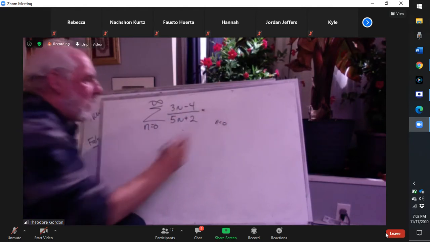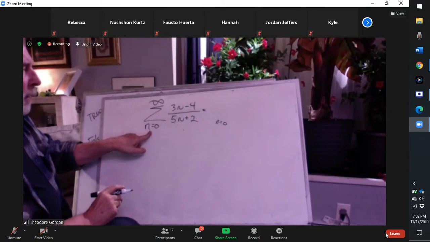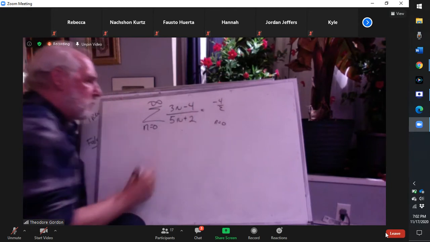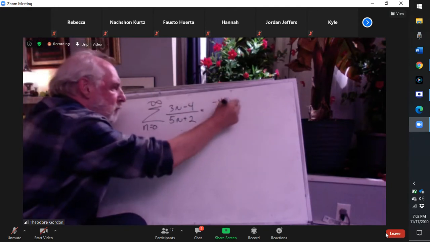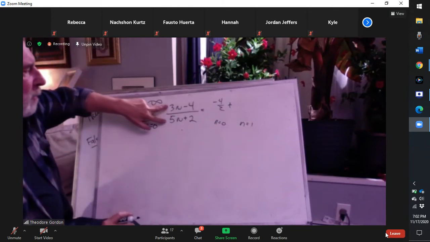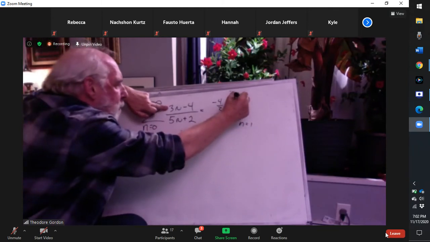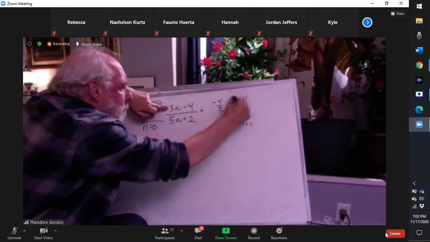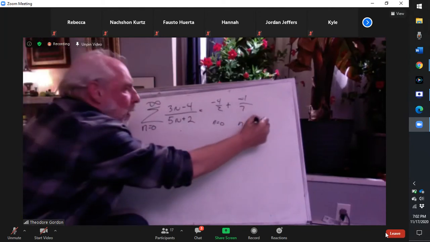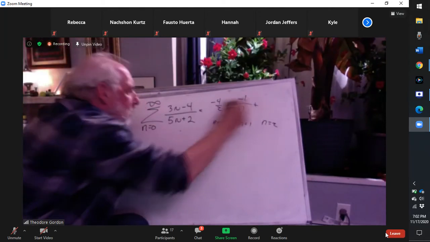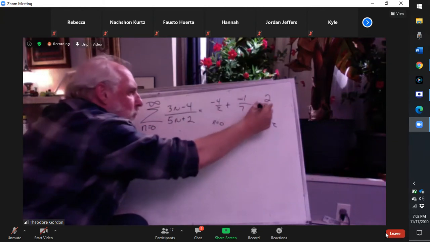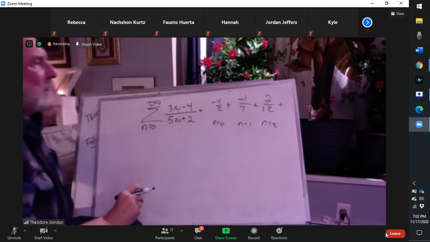So when n is equal to 0, we get -4/2 plus. And then we go to n equals 1. If n is equal to 1, we get -1/7. When n is equal to 2, we get 2/12 plus. Okay.